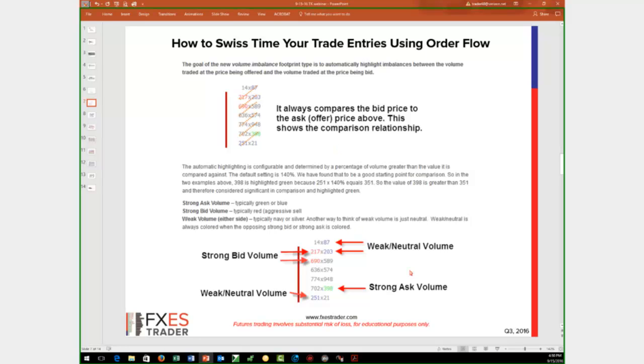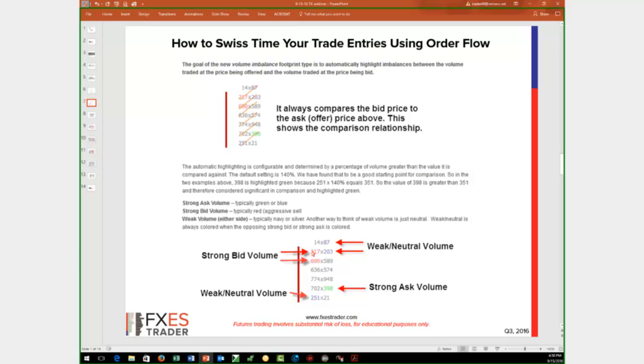Maybe a different way to look at it down below is just seeing that on the right-hand side you have weak or neutral volume, hence the shading in blue, but you've had a strong bid volume, especially if it's over 300%.